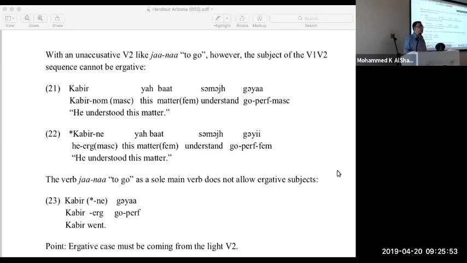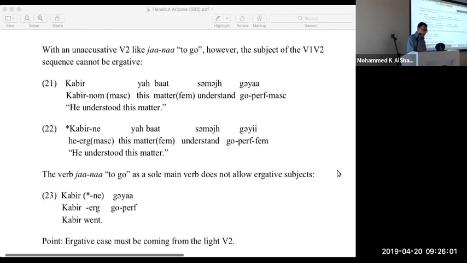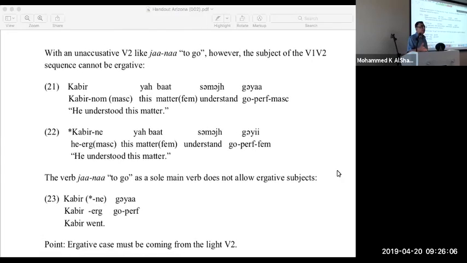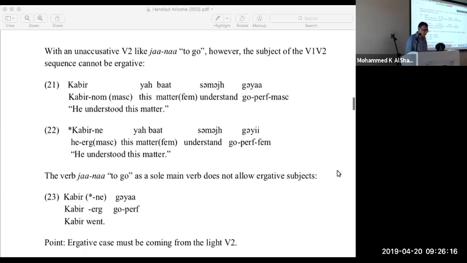If you try to make the subject ergative, you have an ungrammatical 22. And just to illustrate that the verb go cannot have an ergative subject, which is kind of obvious, because if there's a definition of ergativity, it's that unaccusatives don't take ergative subjects. That's true in Hindi in 23.